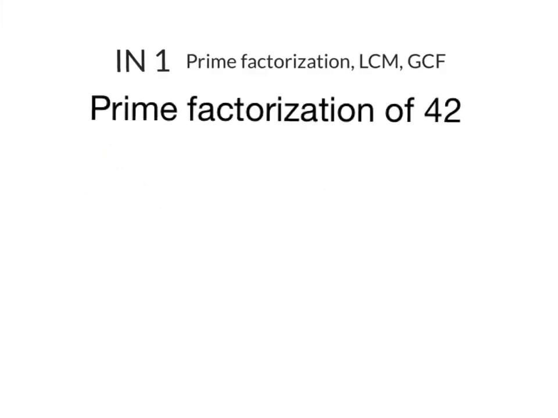Lesson IN1 was on prime factorization, least common multiple, and greatest common factor. So first, let's look at finding the prime factorization of 42. You might remember, for finding prime factorization, one way of doing this is to do a factor tree. With a factor tree, we're trying to break it down into its prime factors.